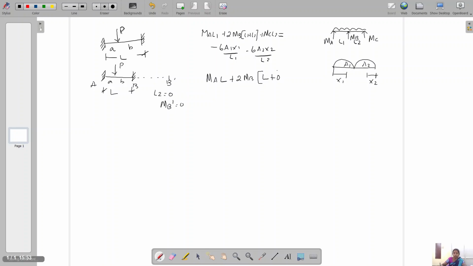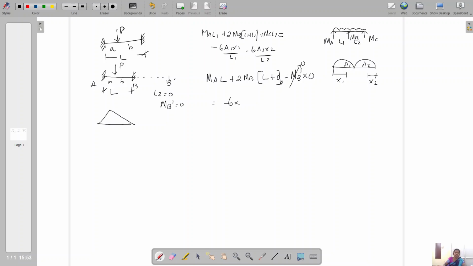So make it 0 plus MB dash, and the span is 0. MB dash is also an imaginary point, so make it 0, minus 6 into A1 will be there because it is a real span, real loading. What is A1? The area of the loading diagram.